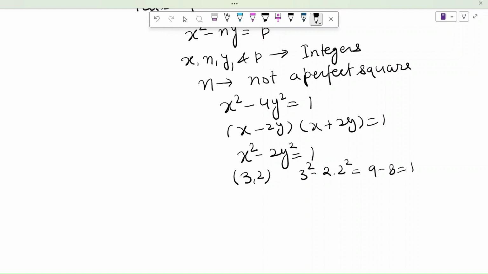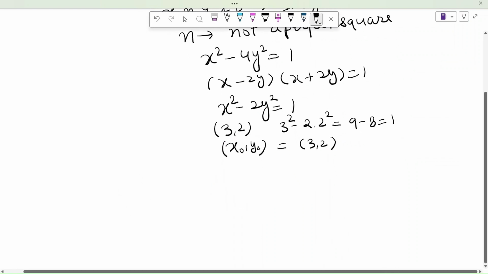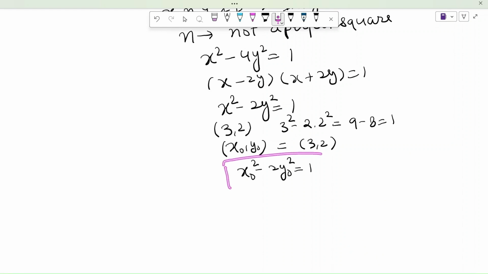Let's call it the fundamental solution, (x0, y0) = (3, 2). Since (x0, y0) is a solution of this equation, let's plug in and get the first equation as x0² − 2y0² = 1. So using this equation, we will get several solutions.